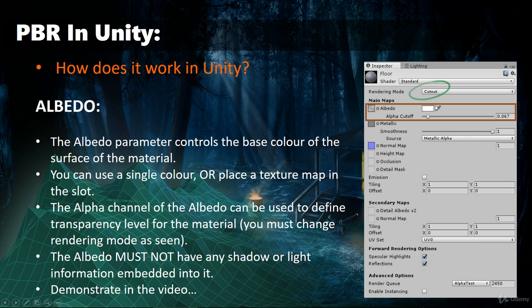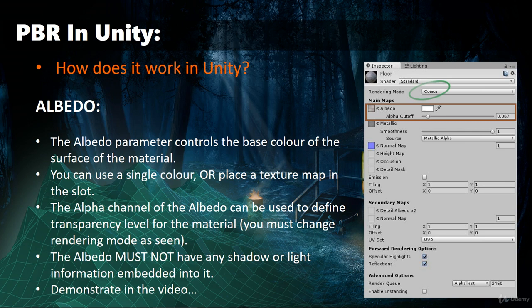You can choose a single color, which you pick from a picker here, or you can place a texture map into the albedo slot, which is what I got in this example here, and you can see a little tiny icon of it there. So the albedo is just a straightforward flat texture.